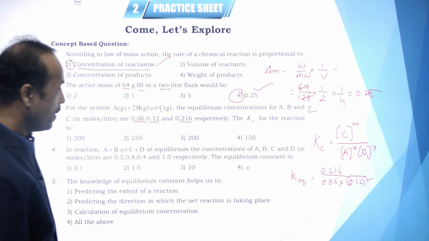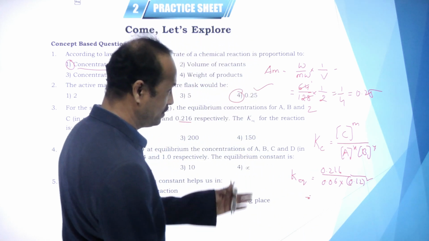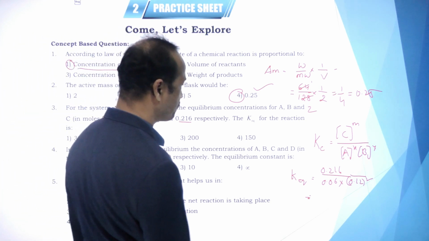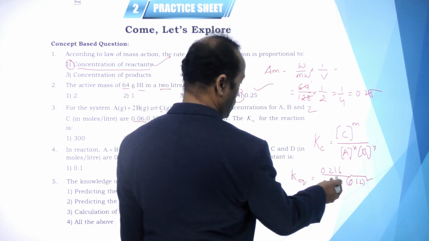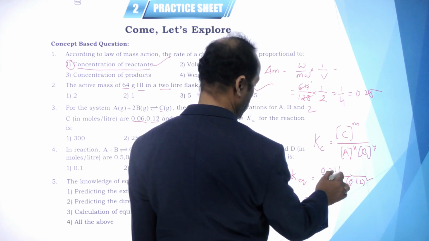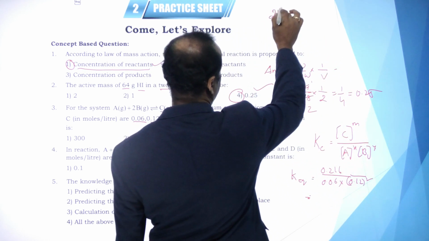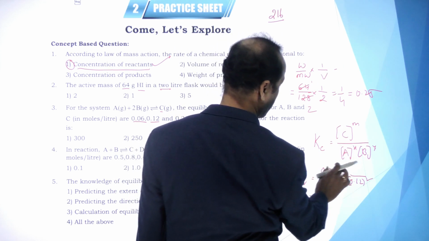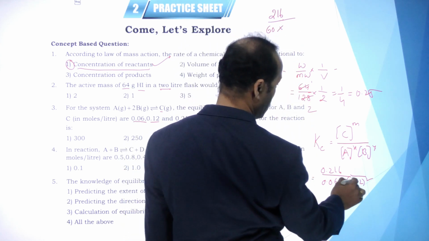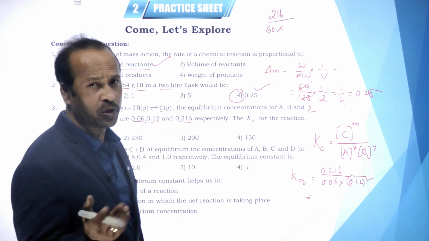Clear? Now you have to do this one here. Do you know how to do it? 0.216 divided by, you have to do the calculation part. So this becomes 216, because after the point I am taking 3 digits away, into 60 into 12 whole square. 0.12 whole square means 12 whole square. 12 12s are 144, you know that.